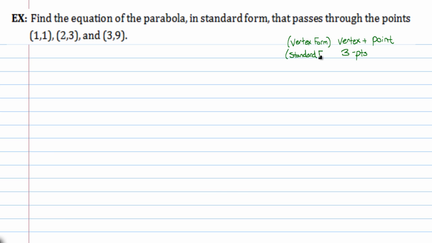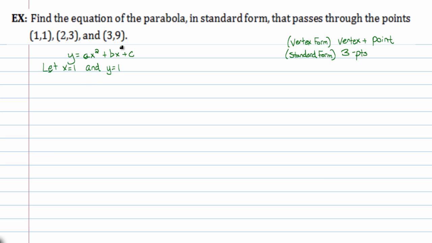Now sometimes it's a little bit easier than others, but the ones we're going to deal with today in this lecture are all dealing with the standard form of the equation y equals ax squared plus bx plus c. Now, I happen to know that each of these points satisfies this equation. So I'm going to let x equal 1 and y equal 1.